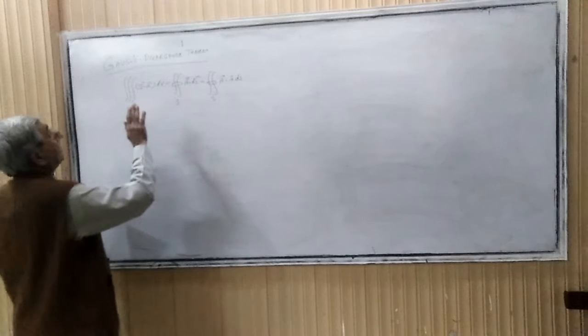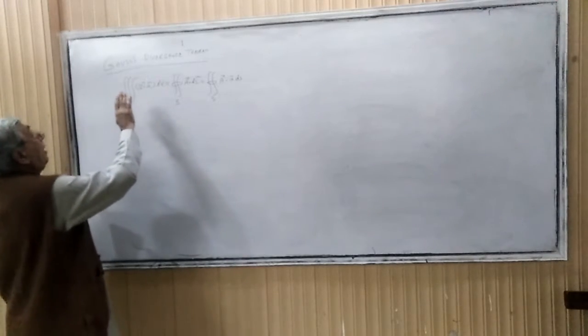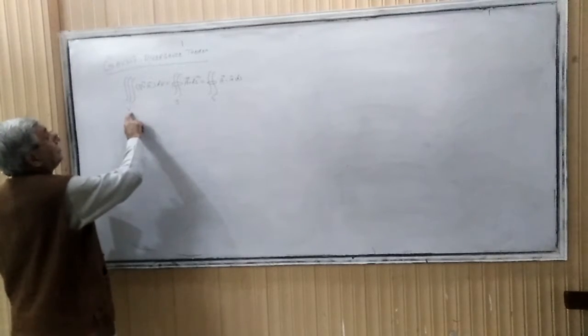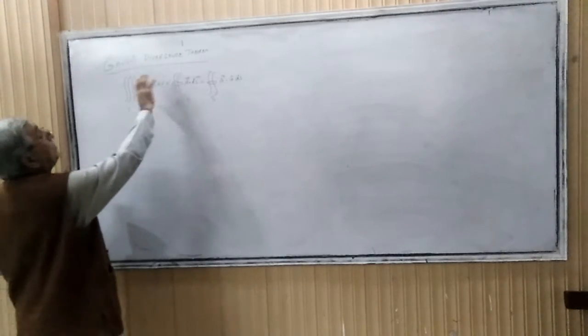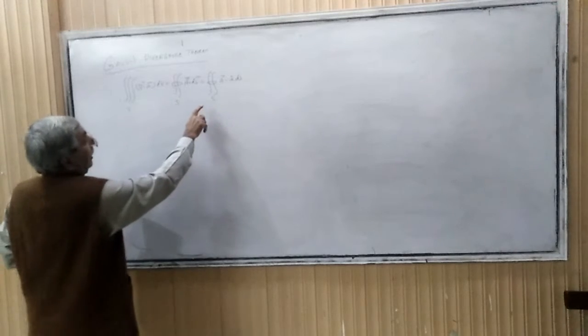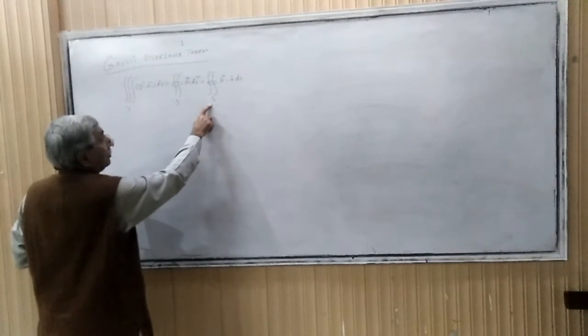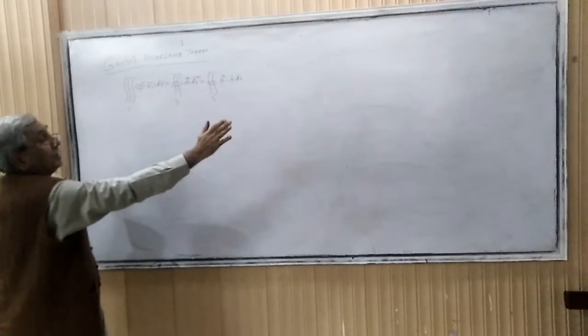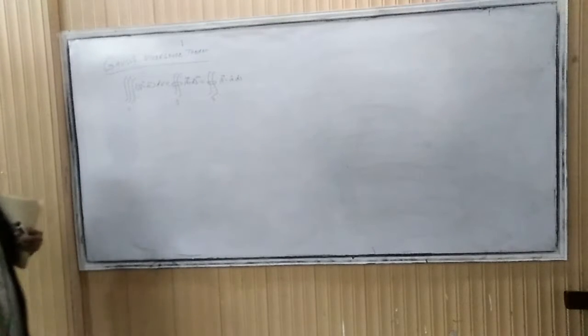If you have vector A defined over a volume V, which is bounded by the surface S, and surface S must be closed. Now remember that closed surface bounds volume V. For example, an open surface does not enclose volume. This whiteboard is an open surface. It is not bounding any volume.